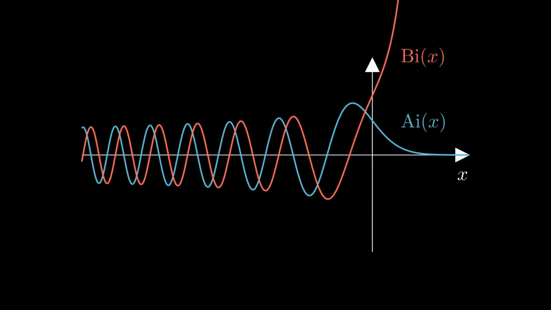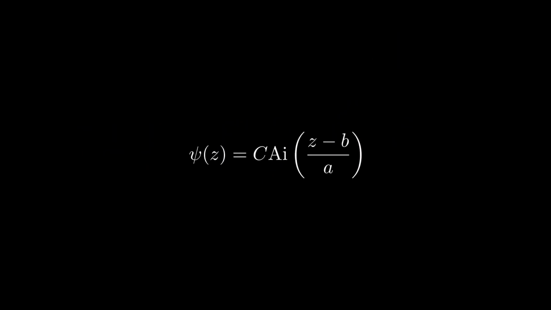Looking at the asymptotic behavior of both functions, we can see that Bi goes to infinity as x goes to plus infinity, meaning that a bound state with a non-zero Bi term would be unnormalizable. Consequently, we must have that c2 equals 0. Now, of course, c1 is simply just a normalization constant.